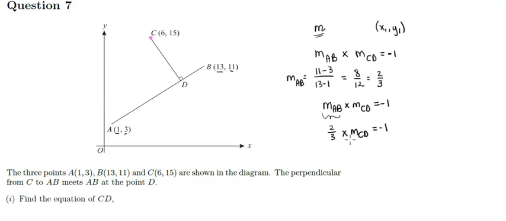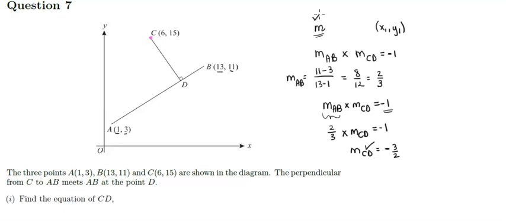So all we need to do now to get the gradient of CD by itself is divide both sides by 2/3. So we are going to get minus 3 over 2. And you can see 2/3 times minus 3 over 2 does give us minus 1. So this is the gradient for CD.